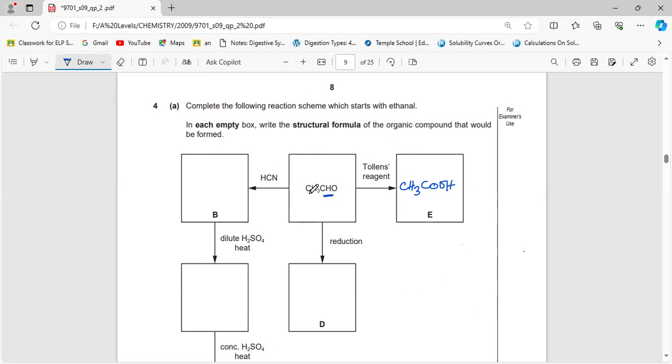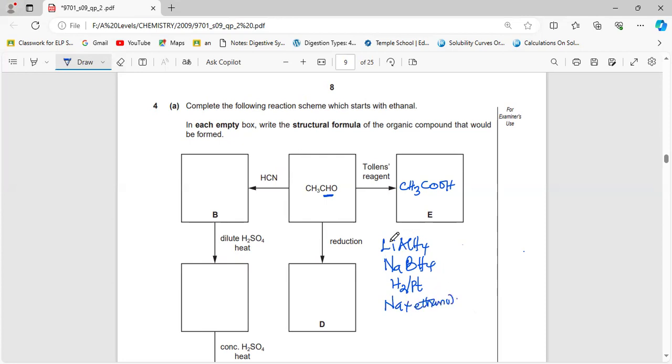Now, this CH3CHO is also undergoing reduction. The reducing agents we always use are lithium aluminium hydride, LiAlH4, and sodium borohydride, NaBH4. We also have hydrogen with platinum or palladium or nickel. Also, we have sodium plus ethanol.